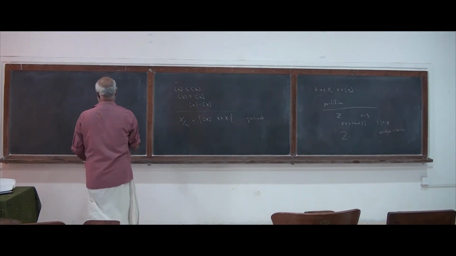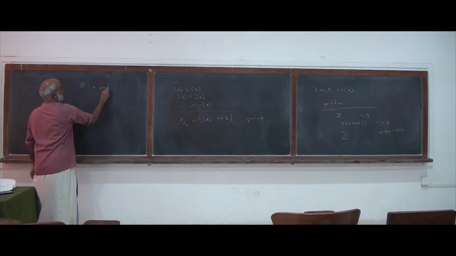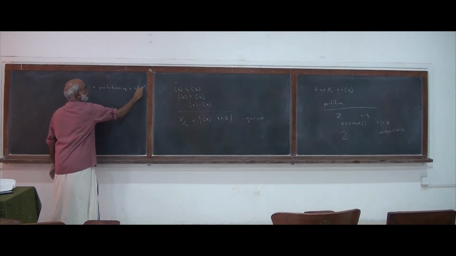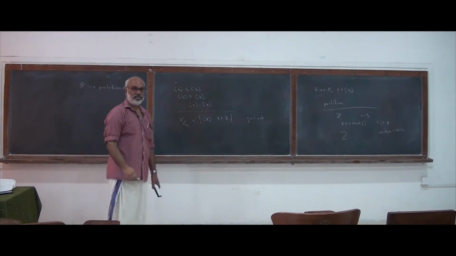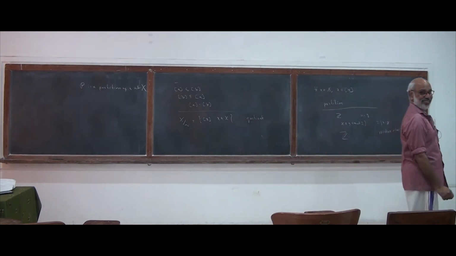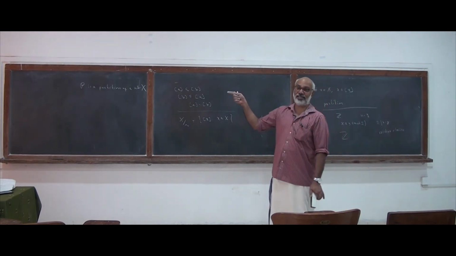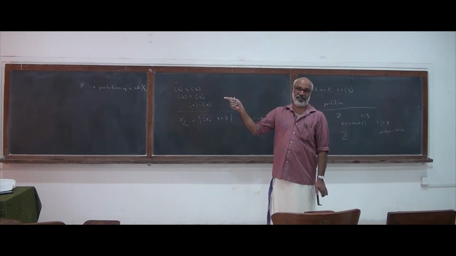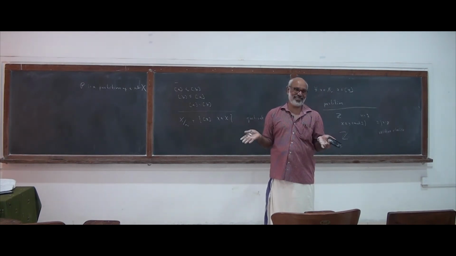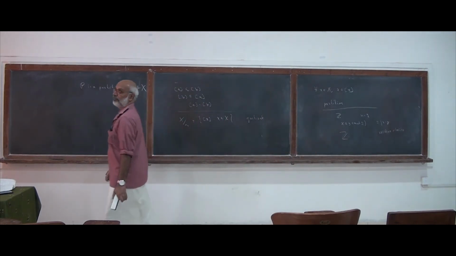Suppose that script P is a partition of a set X. That means P is a collection of subsets of X with the property that every element of X is in some set in script P, and given any two sets in script P, they are either equal or disjoint. So that is what we mean by saying that P is a partition of X.